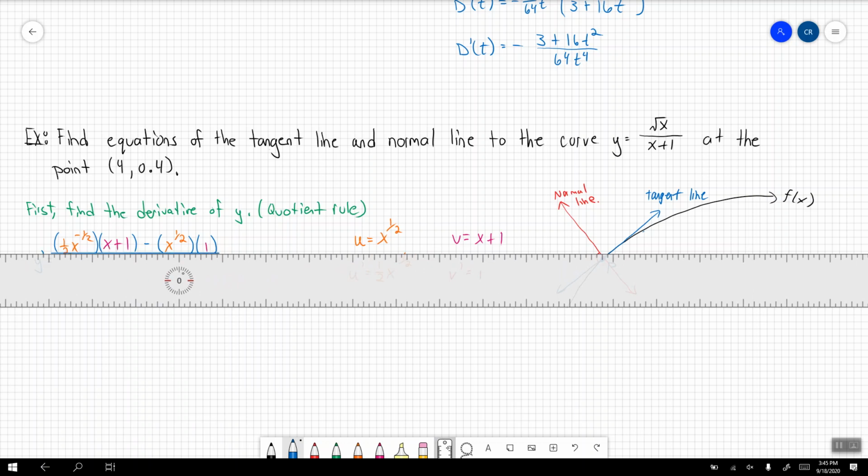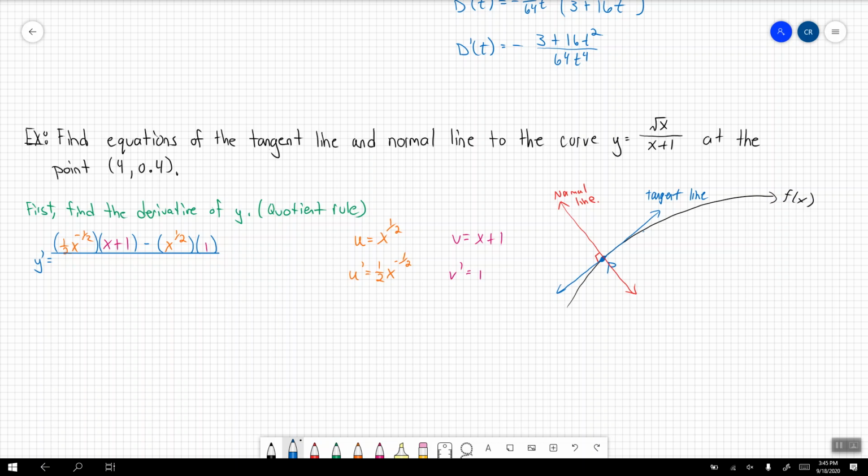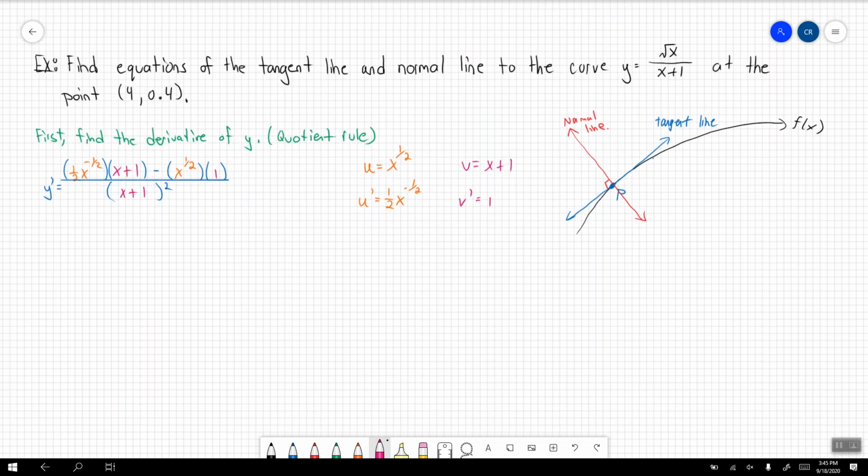Okay, good so far. Now, the denominator: we're going to take the bottom function and square it. So that bottom function is x plus 1, squared.